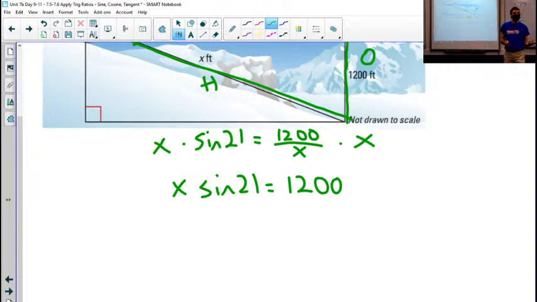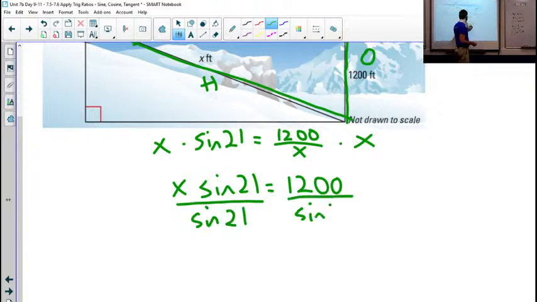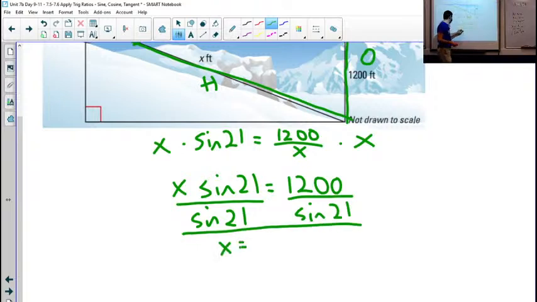Remember, sine of 21 is just a number. So we have x times a number. How do we solve for that? Well, we divide by the number. 3348.5.